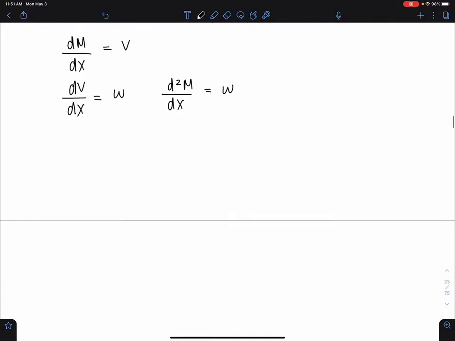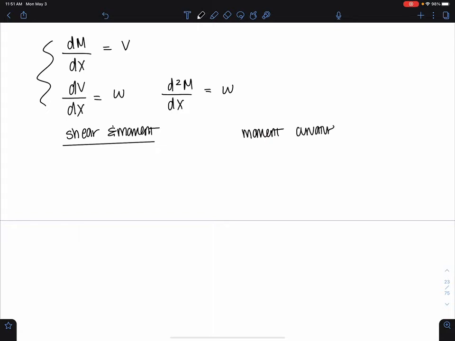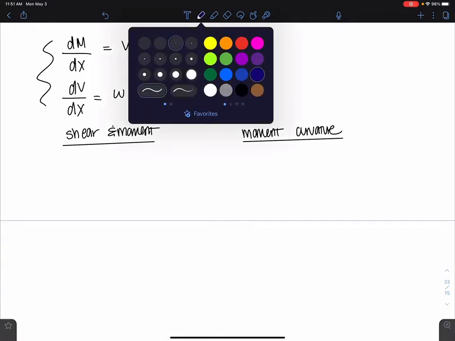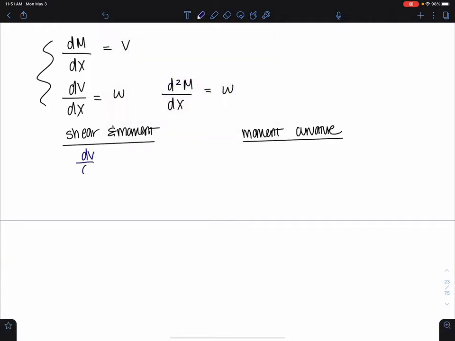Okay, and what we can do now is set up a relationship between what we're talking about up here with shear and moment, and also moment curvature, which we discussed previously. So for shear and moment, I'm going to re-summarize these points down here. We have dV/dx equals w, and d²M/dx² equals w as well.